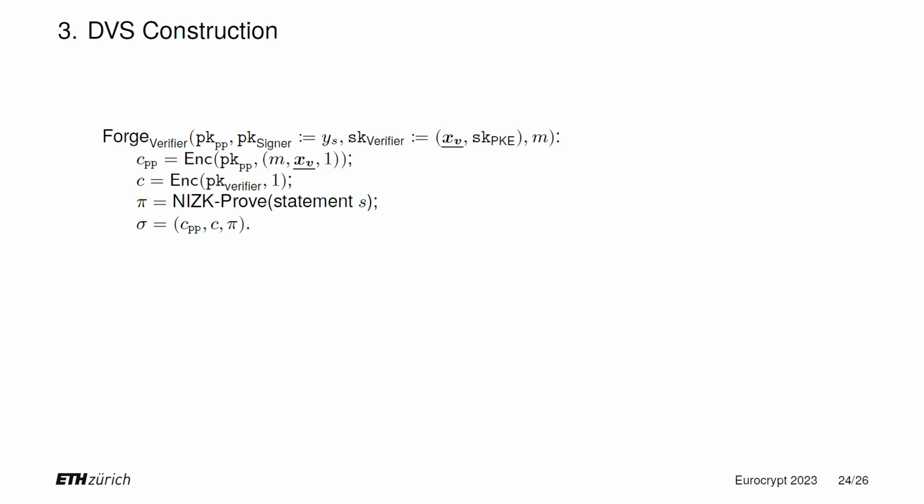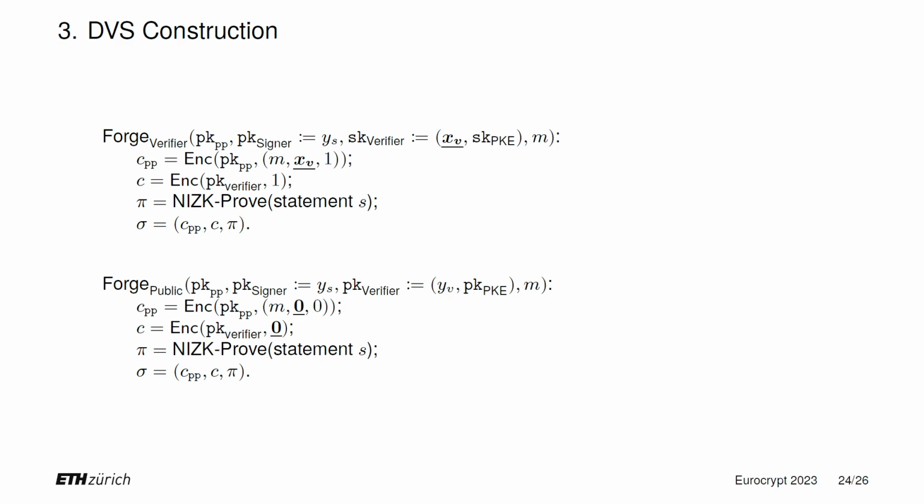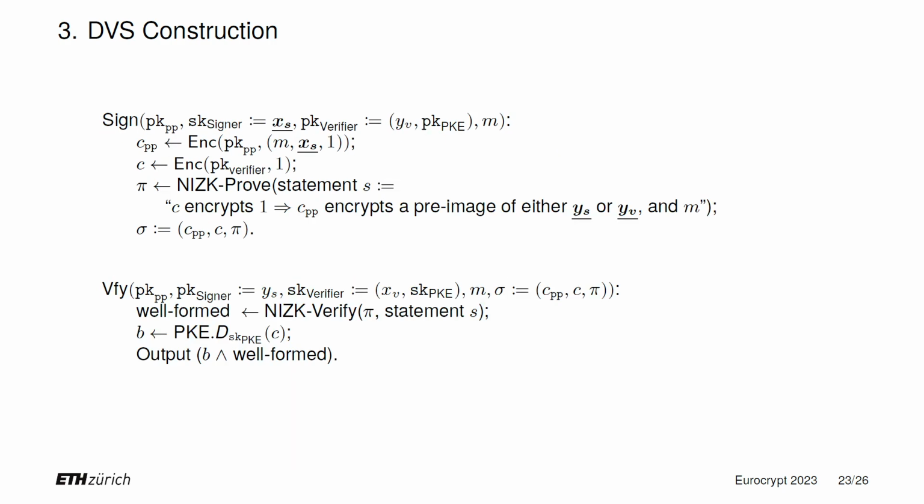What about public forgeries? Essentially, we encrypt just zeros. If you remember the statement from before, it said that if C encrypts a 1, then C'' encrypts a pre-image of either the signer's public key or of the verifier's public key.